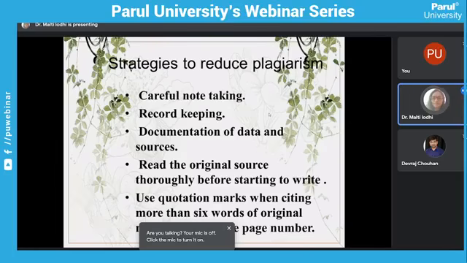Careful note taking. Whatever findings or report you are writing to disseminate, you have to note the things carefully.